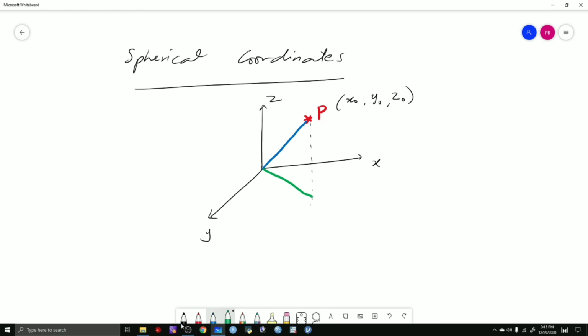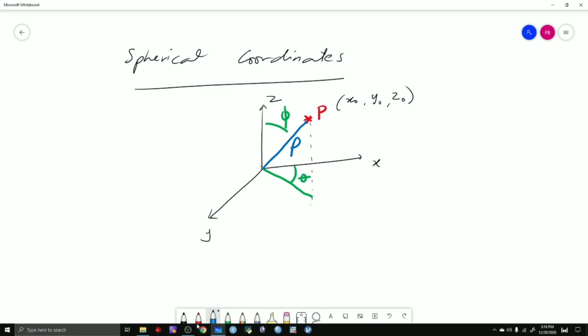And then for the rotation, we have this angle, theta. We also have this rotation, we call it phi, and the radius, rho.